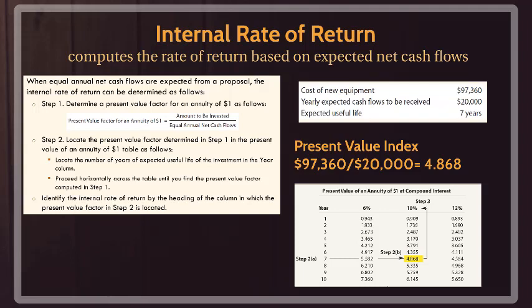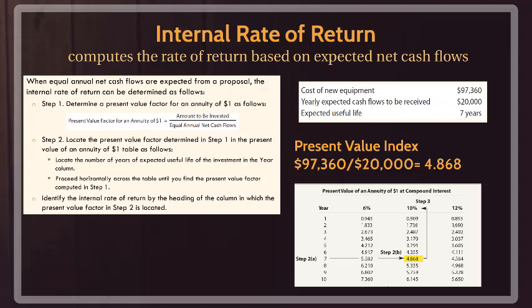We expect every year to get $20,000. Therefore, our present value factor would be 4.868.